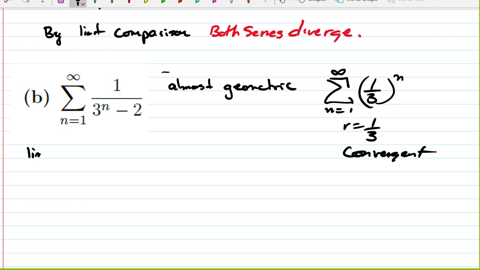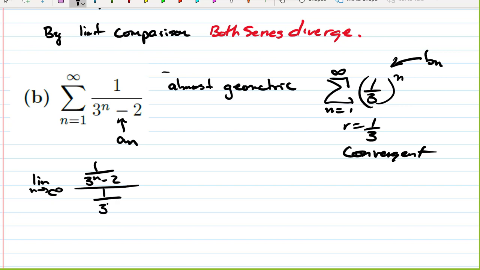So if we take the limit as n goes to infinity of, this will be our a_n and this will be our b_n, we're going to have 1 over 3^n minus 2 all over 1 over 3^n.